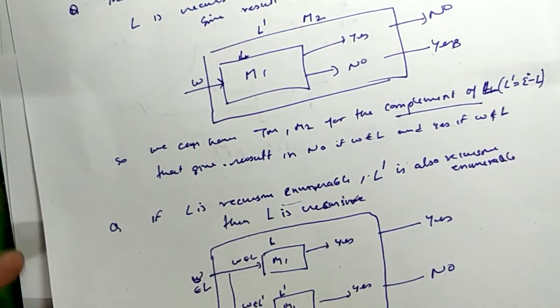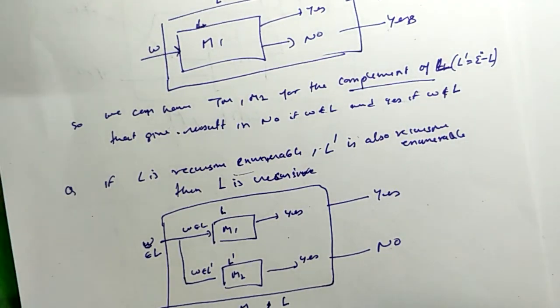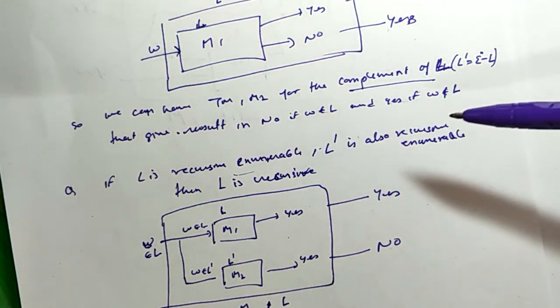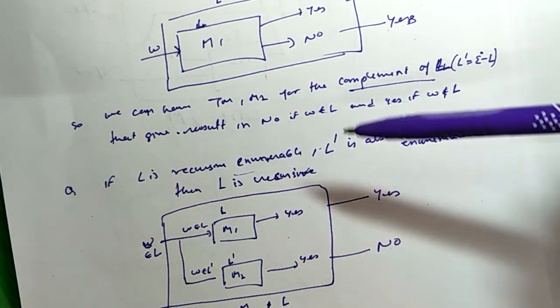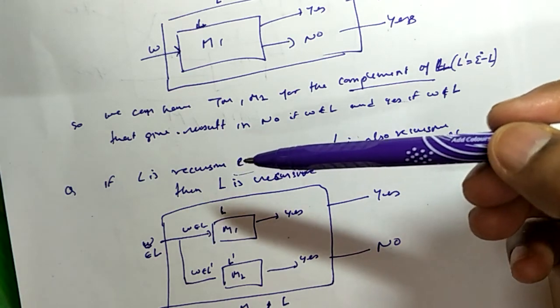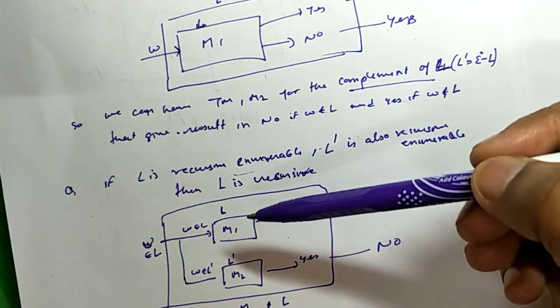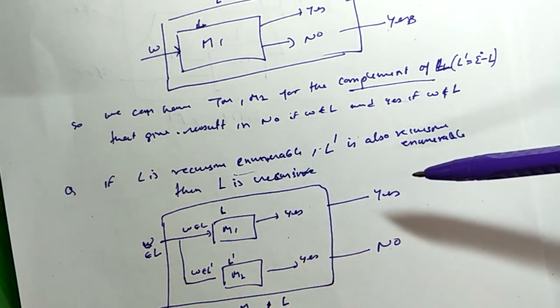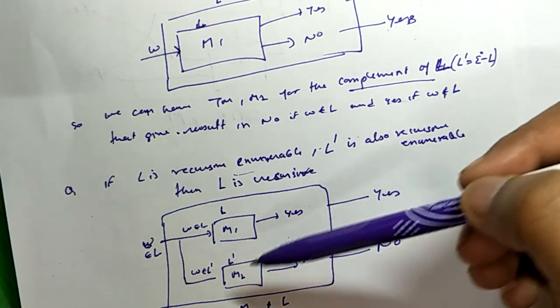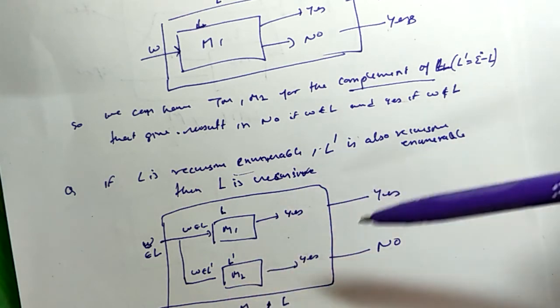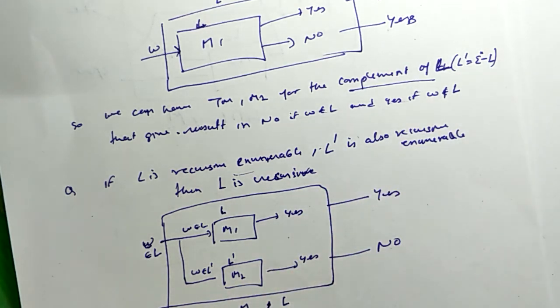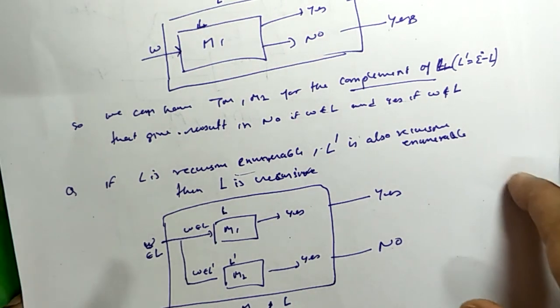So we can design: if L is recursive and L bar is recursive, it means that we are getting an answer from both Turing machines, for L and for L bar. So if it is accepted by M1, we will get yes. If it is accepted by M2 for L bar, we can get no. So it is a recursive language. L is recursive.